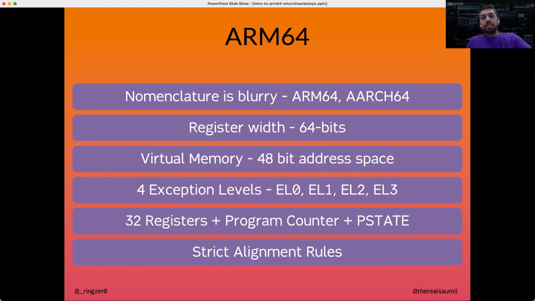Now, in the ARM 64-bit documentation, you will come across terms like word and double word. In the 32-bit space, a word is the size of integer, which is 4 bytes.